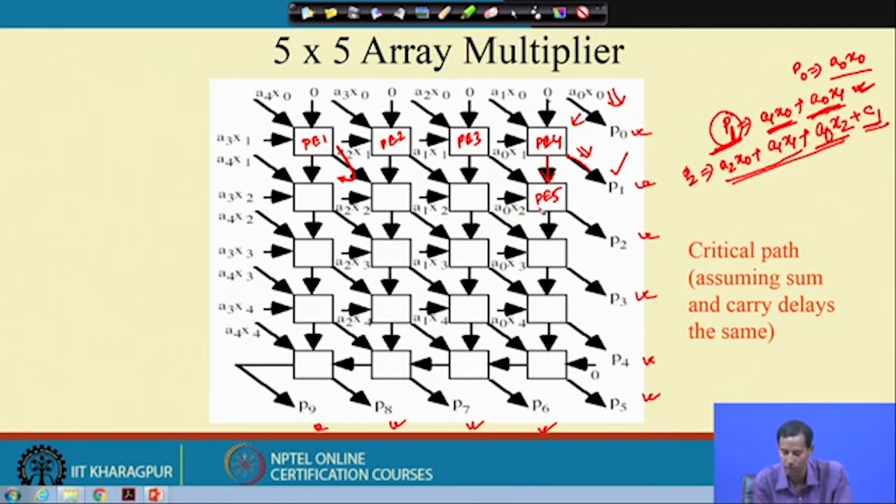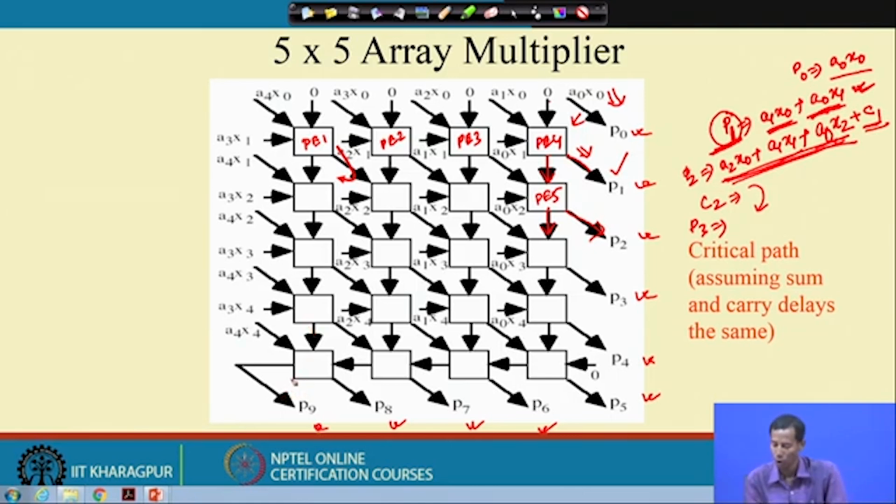So, A0 x2 is coming over here. So, finally, it is producing this P2 and the corresponding carry C2 is going to the next level for calculating this P3. Then again the P3 will be considered, and C2 will come down to this particular position. Then again in each stage the corresponding carry is forwarded to the next level.